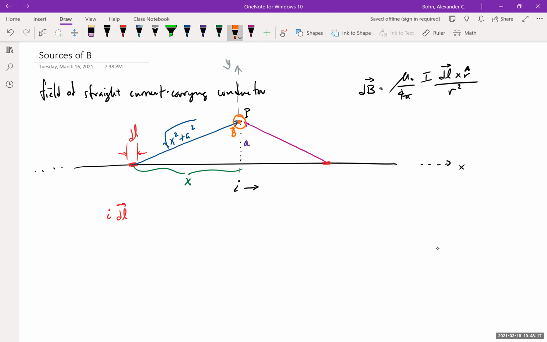Now, we do need to worry about the cross product because we need the magnitude of the cross product. So let me finish writing this. We need dl vector magnitude.